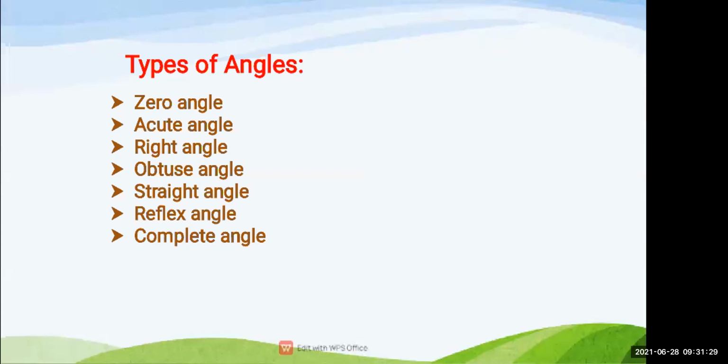Already in the first slide, I have told you there are 7 types of angles. These are the 7 types of angles. Now we are going to learn one by one.